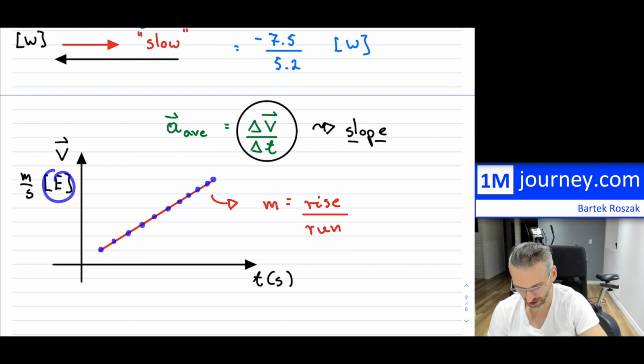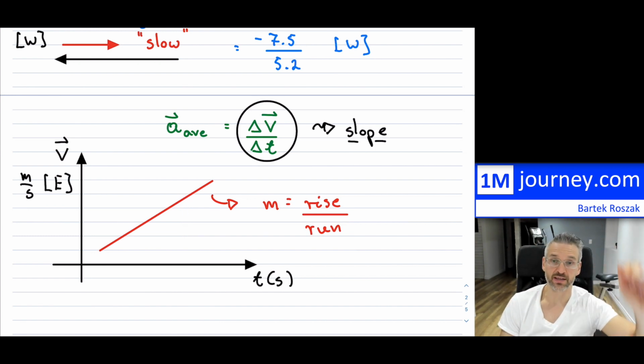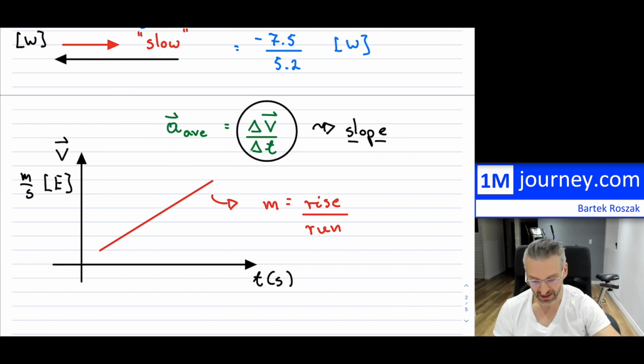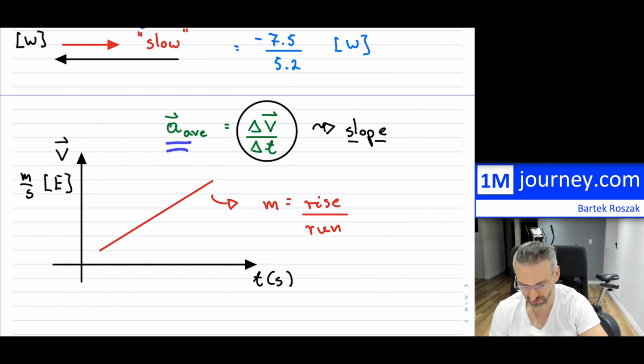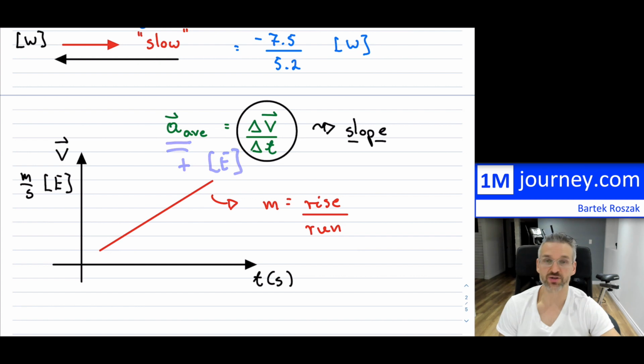So my speed is increasing, it's speeding up. And because my acceleration is positive, that's the speed up. So my acceleration would have also been positive in the east direction. So that's what would have been happening over here.